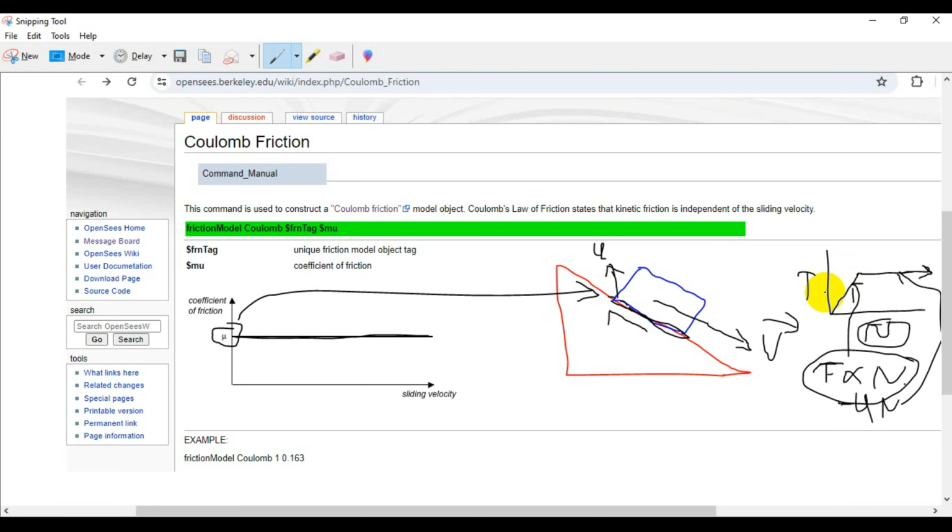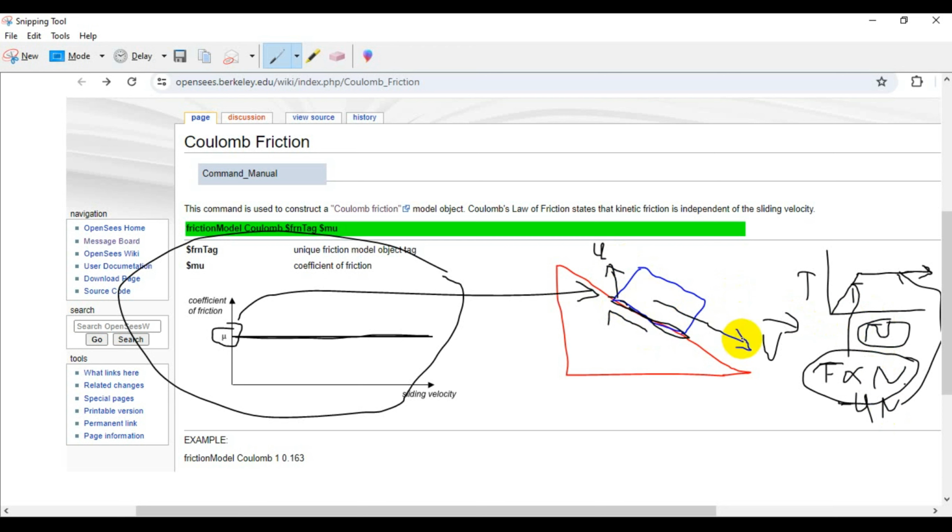So a question arises at this point: why is it in between the two? The Coulomb friction model basically captures the transmission of forces between sticking and sliding behavior. This is the sticking and sliding behavior. If the coefficient of friction is present, it defines the maximum force that can be transmitted between these two surfaces, while the sliding velocity indicates the state of motion here.